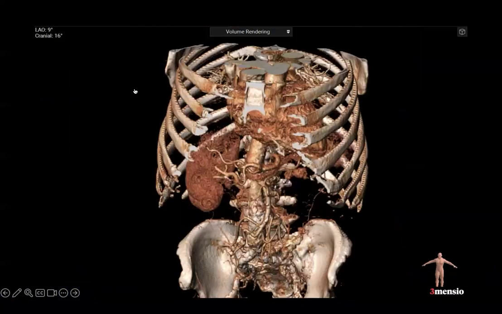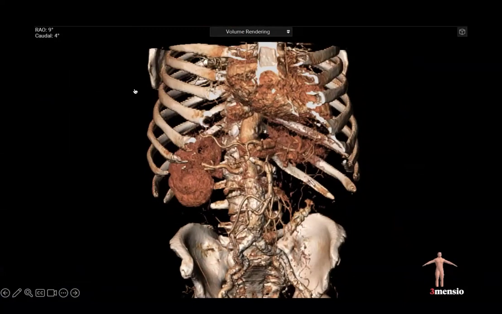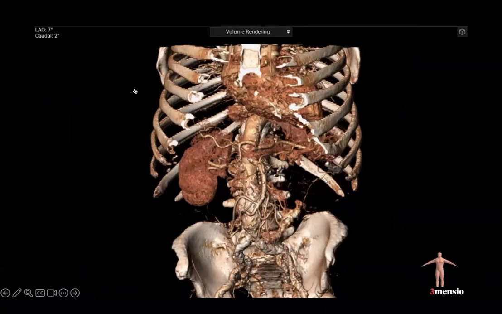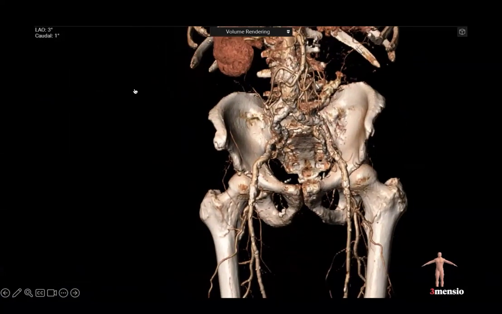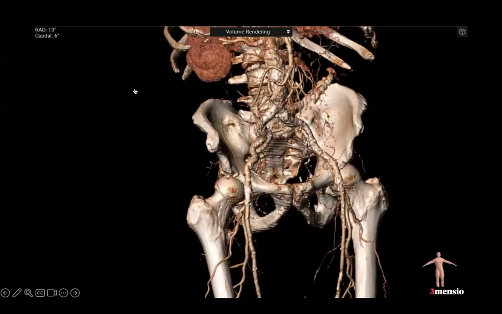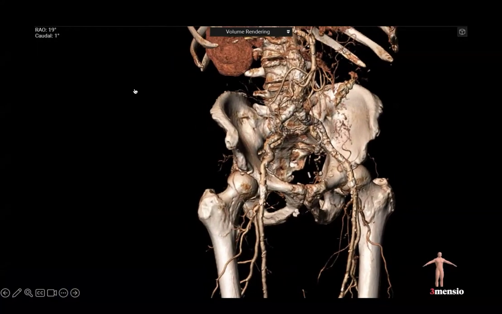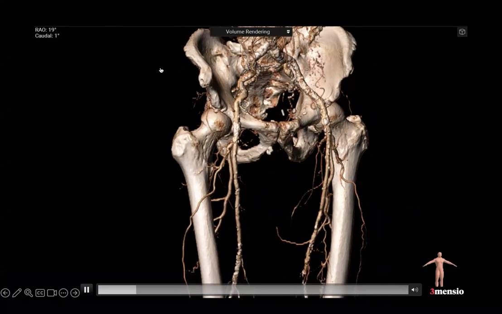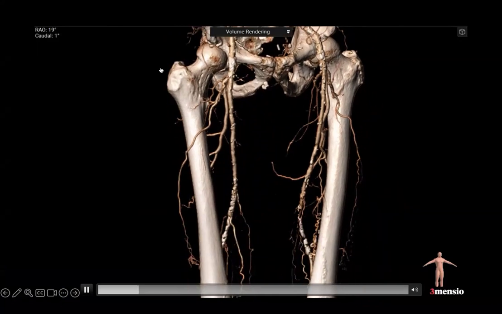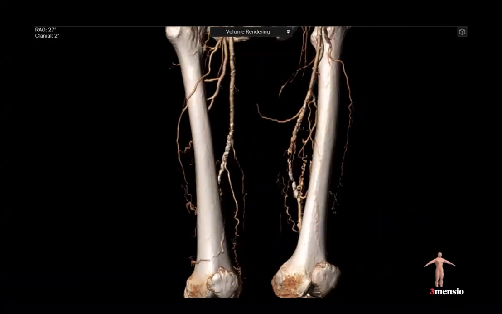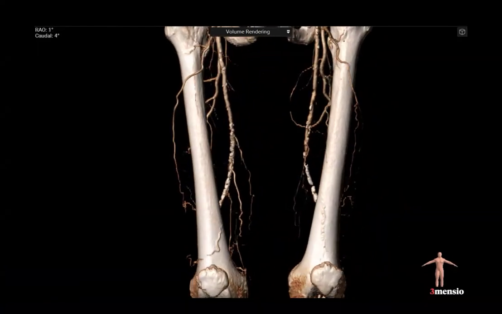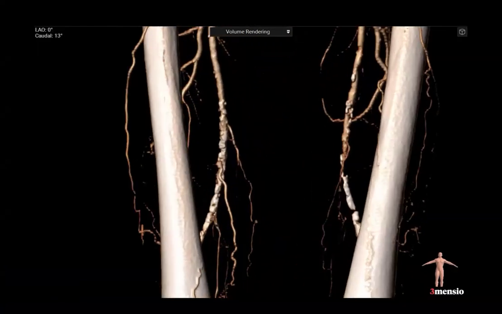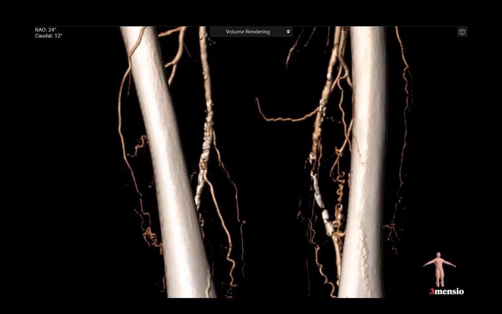In recent years, CTA has advanced, and modern CTA gives us really high-resolution images and 3D images. CTA is very good with aortoiliac and femoropopliteal segments, with very high sensitivity and specificity, almost 95 to 99%. But CTAs are not that good in infrapopliteal disease.